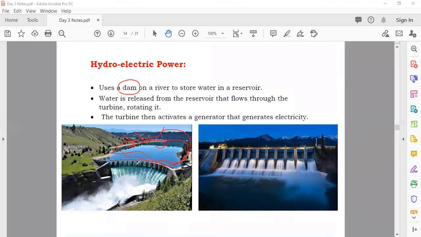Then they make doors, and at each door down below they fit a turbine. When water comes down at high speed, it falls on a turbine. When water falls on a turbine, the turbine rotates. When the turbine rotates, it is fitted with a generator, the generator starts to rotate and electricity is produced.